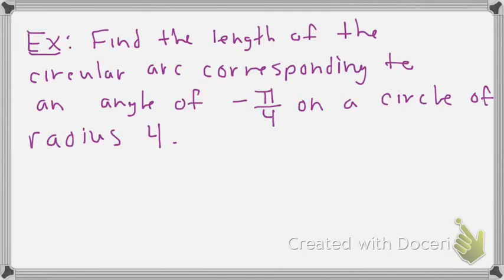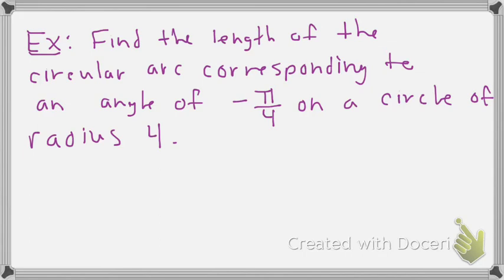So for example, we could find the length of the circular arc corresponding to an angle of minus pi over 4 radians on a circle of radius 4. Now, what you're going to do first, and this is with any math problem, is write down any relevant equations, formulas, any information that involves the variables or the quantities mentioned in the problem.